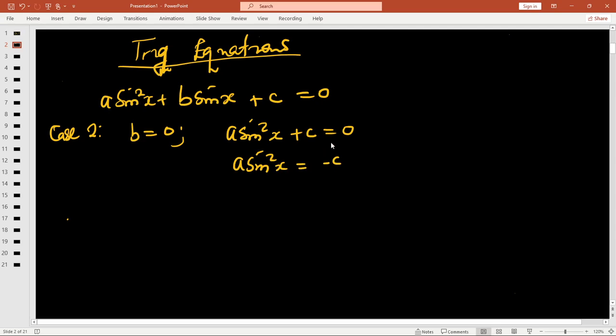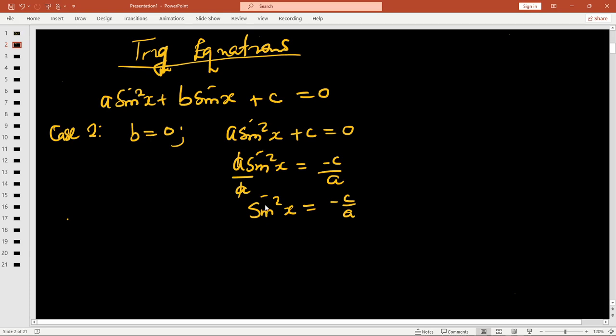Okay, so we'll talk about this symbol later on. Then this side, we divide by a, we divide by a. Then you're left with sine squared x equal to negative c over a. So this is different from the previous one. The previous one, the degree of the function was just 1.